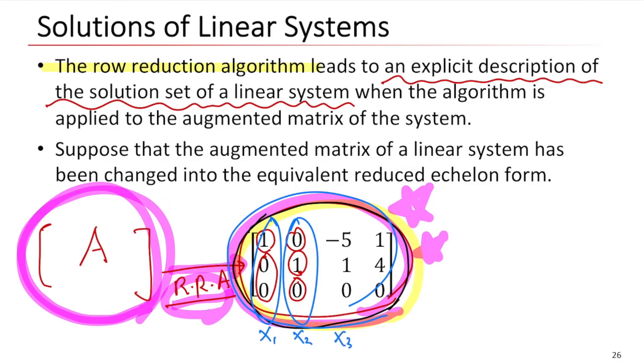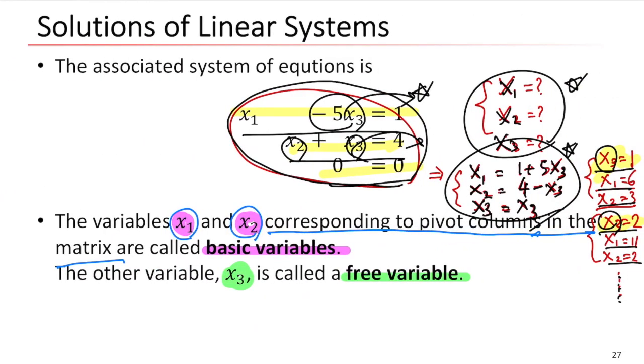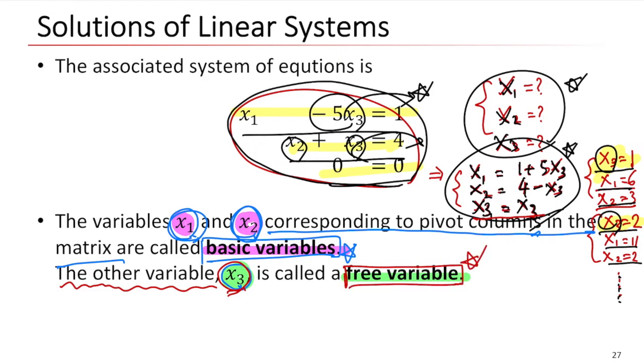So in this case, the variables x1 and x2 are called basic variables. What does that mean? The values of the basic variables can be determined via the free variable. Then what is the free variable? The remaining variable, or the other variable. In this case, x3 will be the free variable, right? So here's the definition.